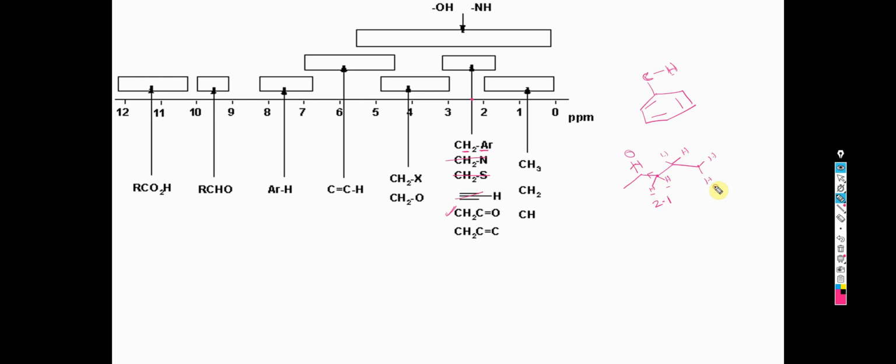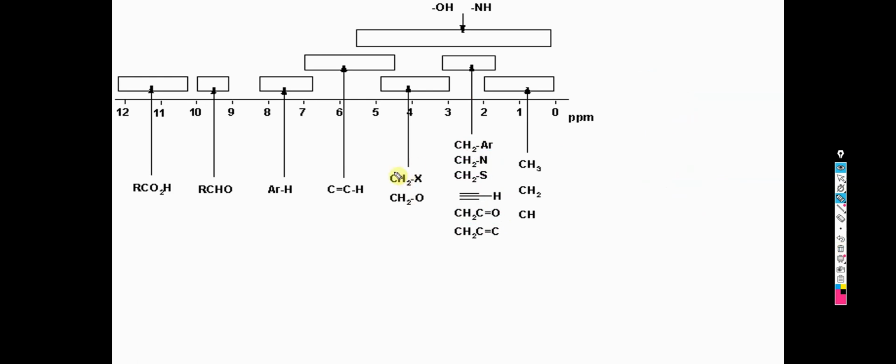So this one, say 1.0, this is say 1.2 to 1.3, and this one is going to be 2.1. So from 2.1 to 2.5 you can expect the benzylic hydrogens, and also hydrogens attached to a C=O.